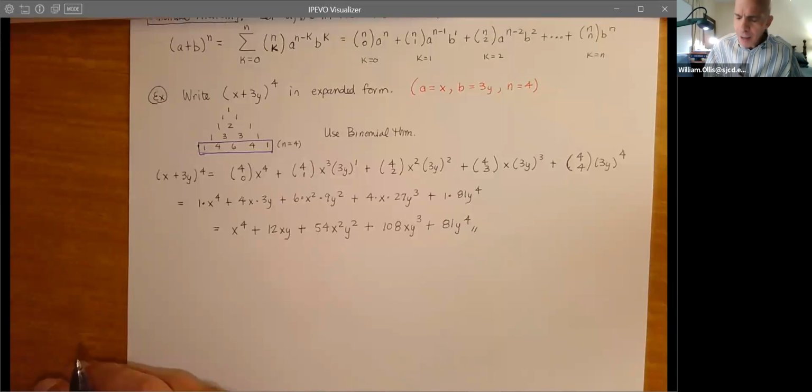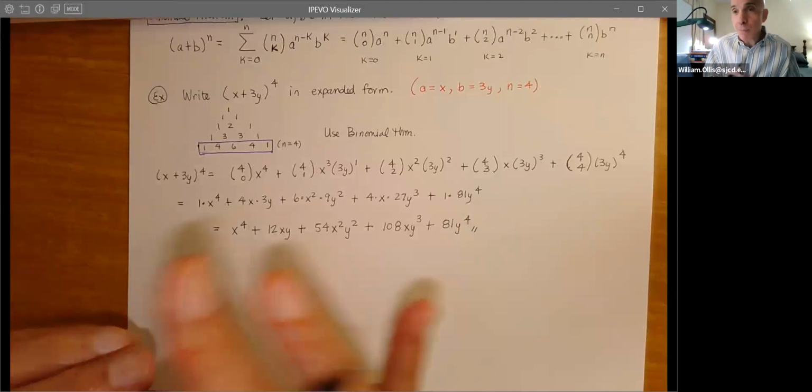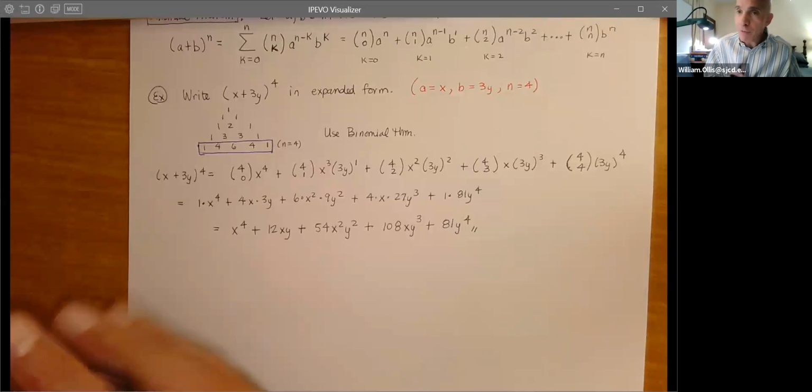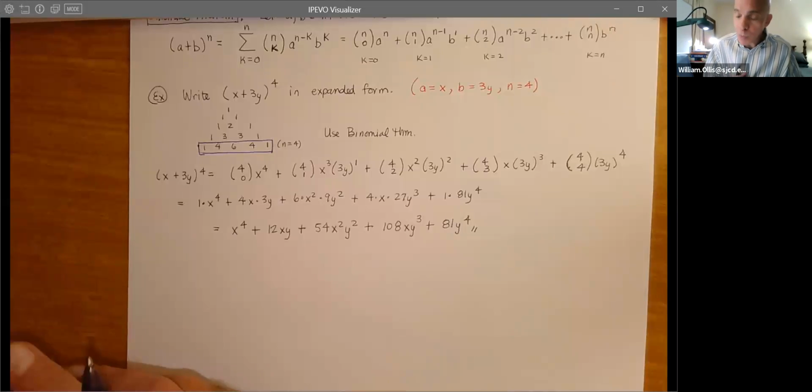That's fine. The binomial theorem at least can help you expand, and then of course you can multiply by the distributive law. So in some cases you get the binomial theorem times the binomial theorem, but at least you set it up in a way that you have confidence that once you collect terms you're fine.